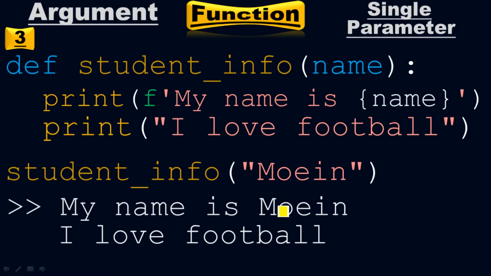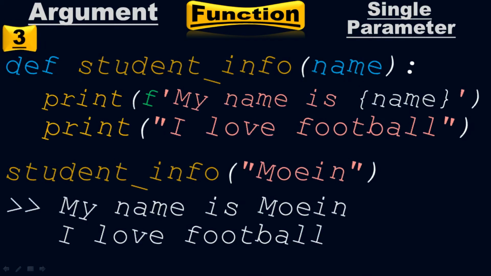If you put a space, you will get a space here. And then the other print function, I love football. Whether you use the formatted string or the simple statement, you will get exactly the same output. I'm just showing you that you can also use the formatted string.